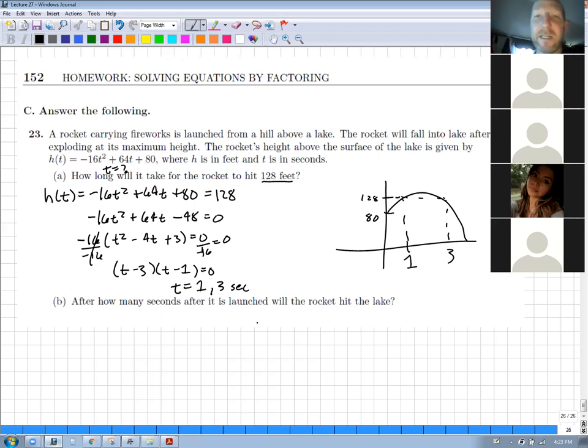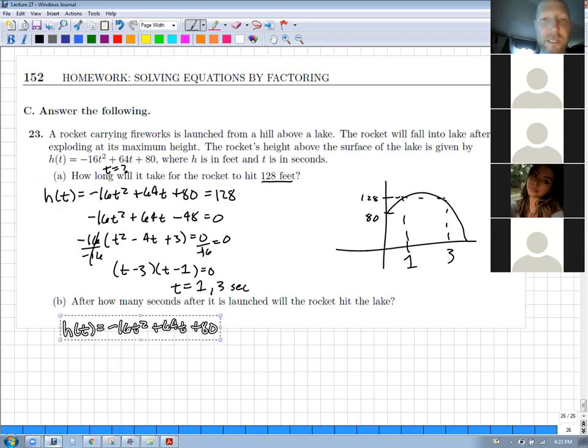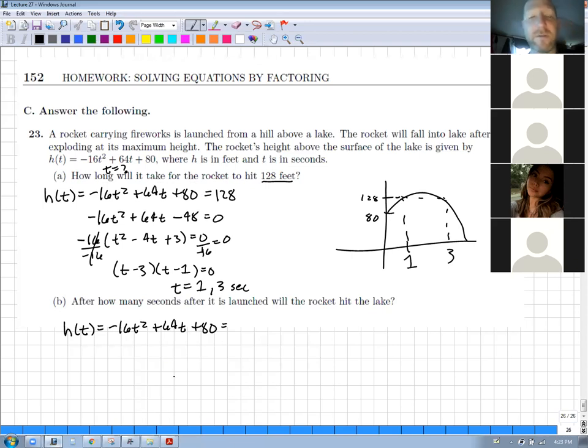So after how many seconds of it being launched will it hit the lake? Well, this is our height formula. So it hits the lake when the height is 0. So we set it equal to 0, and now we solve for t. To do that, we could still factor out this -16.